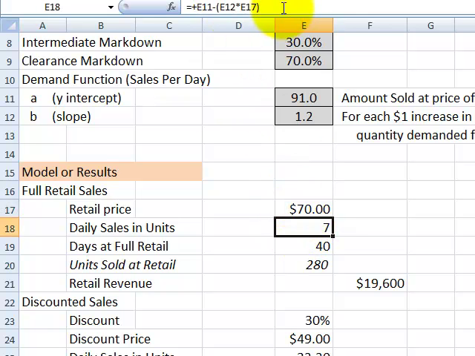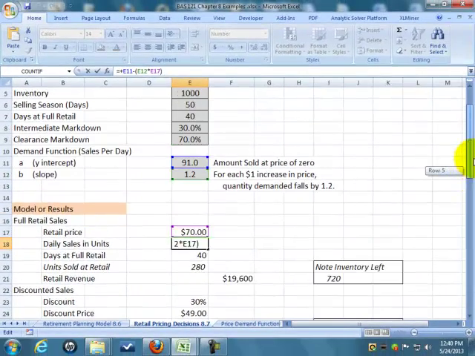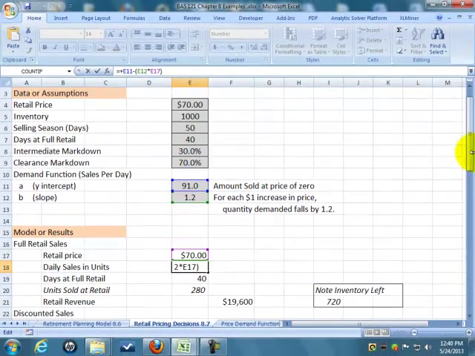Now, our daily unit sales are going to be a combination of our demand function, daily sales in units. Now, this assumes that we don't sell out all our inventory at first. I've tied it to their model.